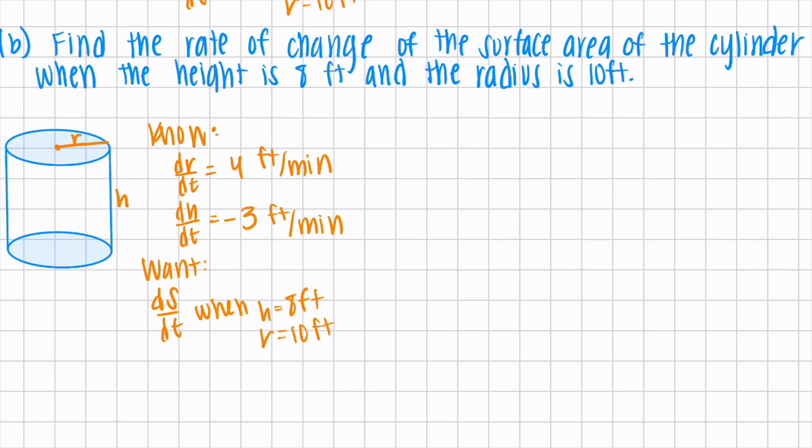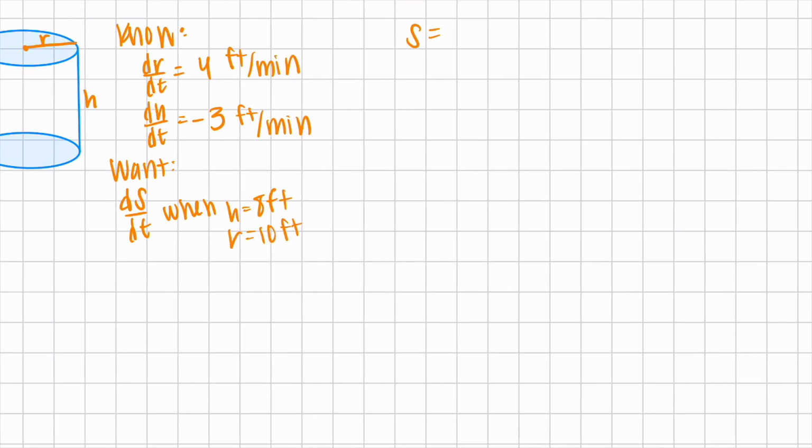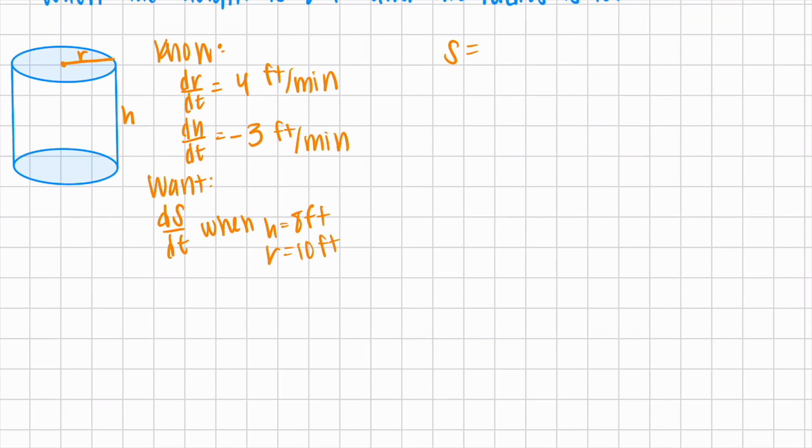So I'm just going to make it an S. Keep in mind for surface area, we need a formula. I'm going to say S equals, it's kind of like the wrapping of the cylinder. So I'm going to have the two bases. And then if I unwrap the middle part of a cylinder, it's actually going to be a rectangle.